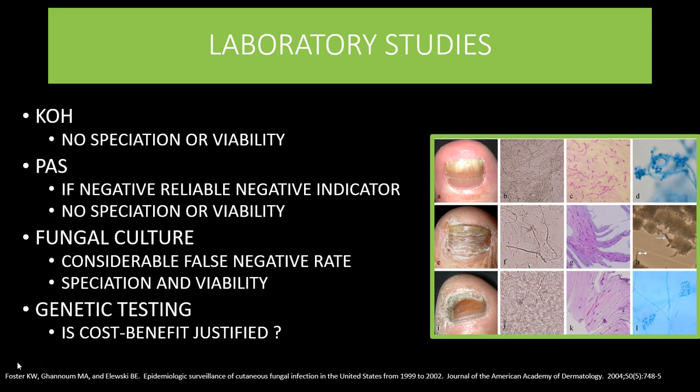Now, the problem with the PAS is that while it is a sensitive test and extremely helpful, it gives us no information regarding speciation or the viability of the organism. So here again, it may not be helpful in determining the specific therapy to be administered unless, again, one assumes that it is likely tinea due to Trichophyton rubrum.